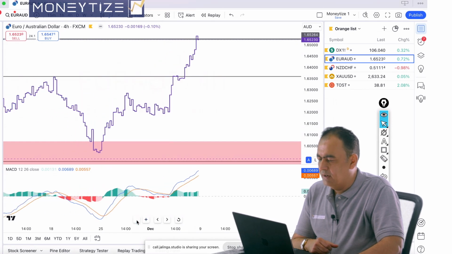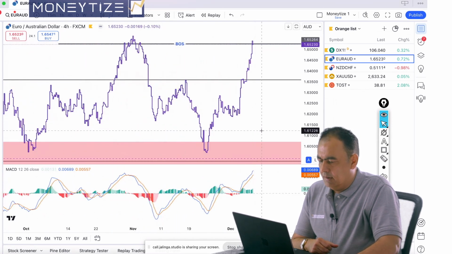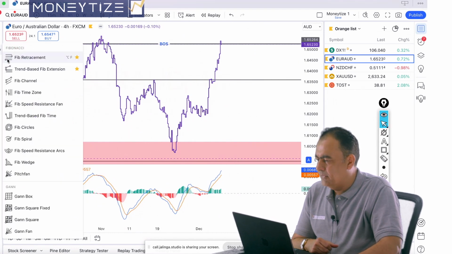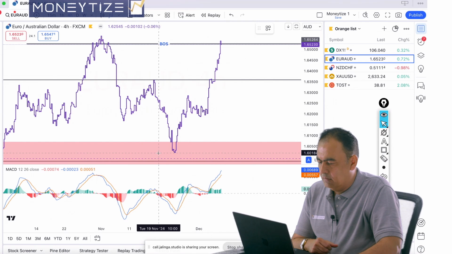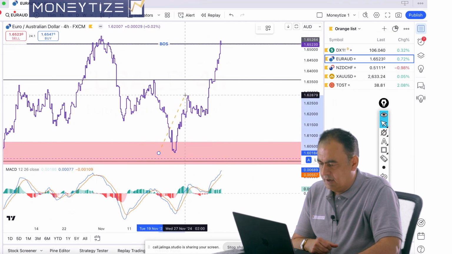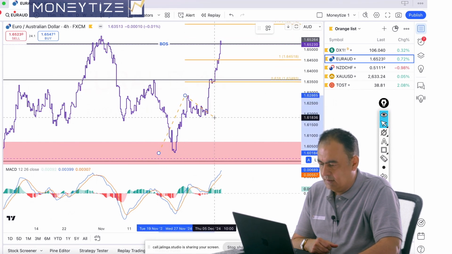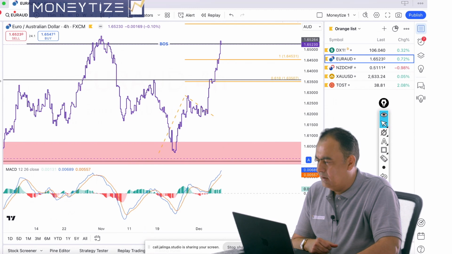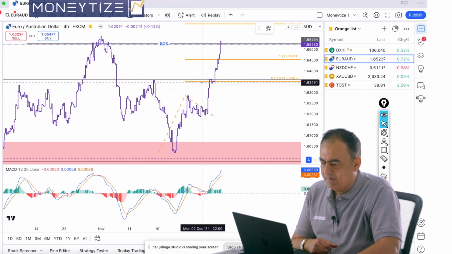Now based on the 4 hourly chart, I have the opportunity to apply Fib extension in the bullish direction. So I'll start from the lowest point, connect with the first high and the higher low. So we have a strong magnet level at 1.6350.